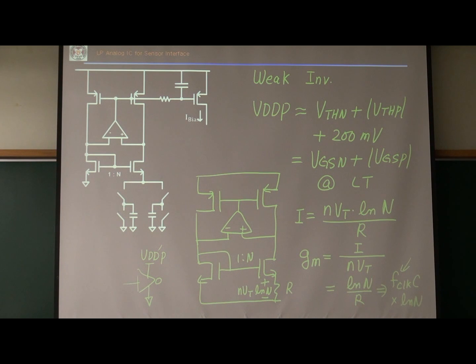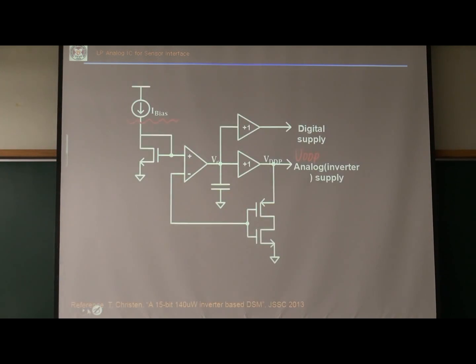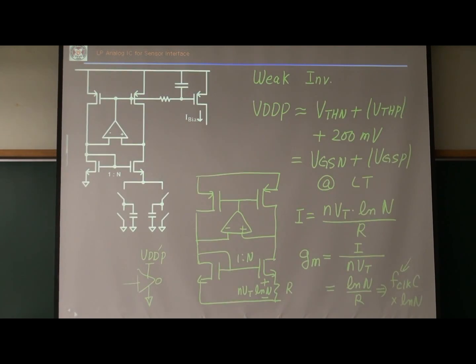Okay, so let's continue. This is I bias. That I bias is generated by this circuit. It has a ripple filter, a low pass filter, right? The low pass filter eliminates the switching transient, so this becomes a DC voltage.